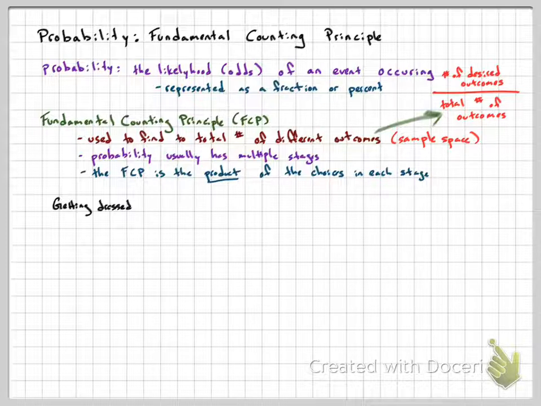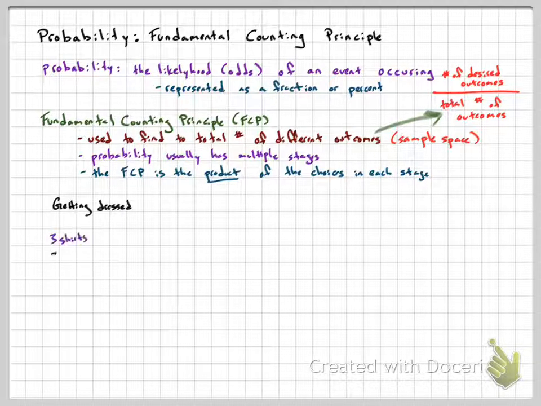What I want you to do is just watch this part of the video. Don't write anything down that I'm about to show you, because this is the long way. I'm going to show you a much shorter way. So now I want you to think about in the morning when you're getting dressed. Let's simplify the outfit. Let's think you have shirts, pants, socks, and shoes. And let's simplify it even more.